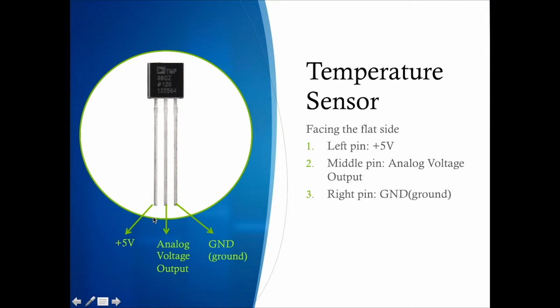The left one is where the 5 volts comes in. The rightmost pin is where you connect the ground. The tricky part is the middle one, which we call the analog voltage output, and this is where you connect to the analog pin. The analog pins are located in a different section from the digital pins. I will give you a quick demonstration when we're building the circuit.